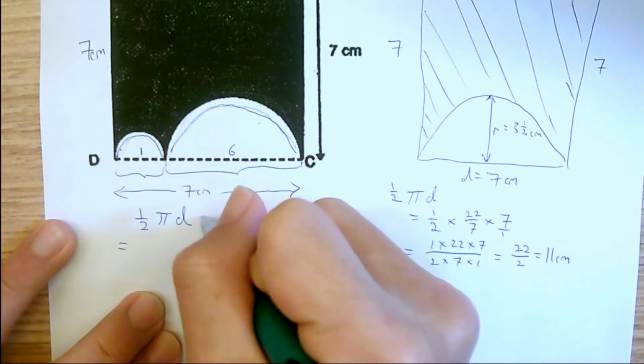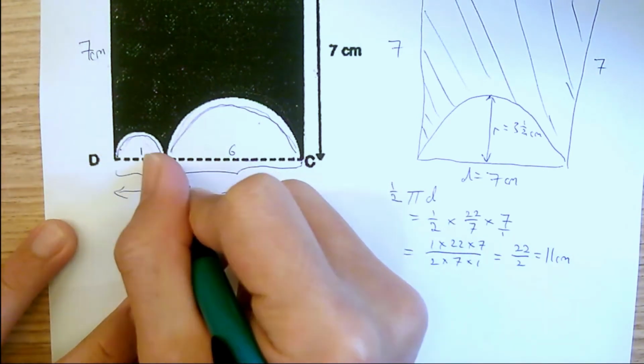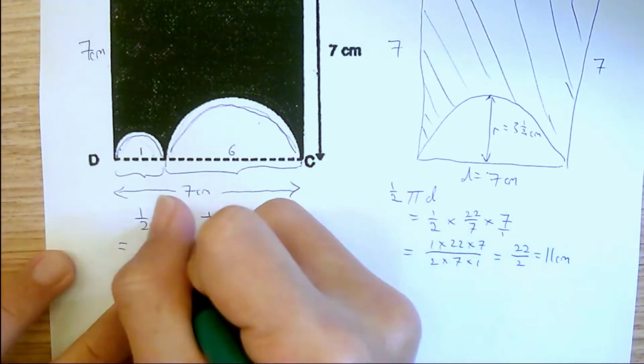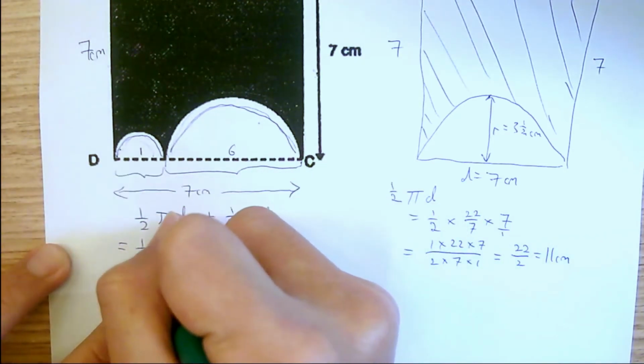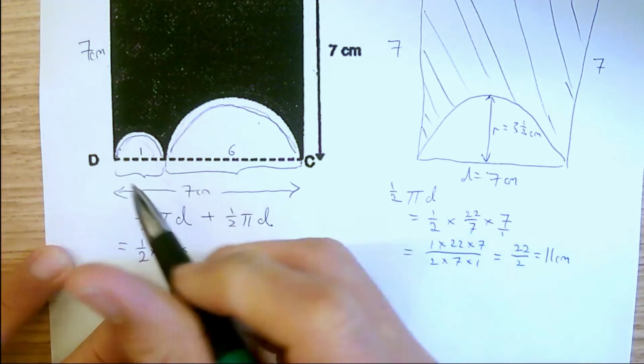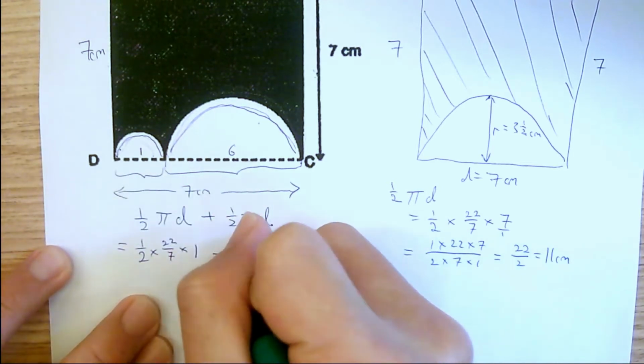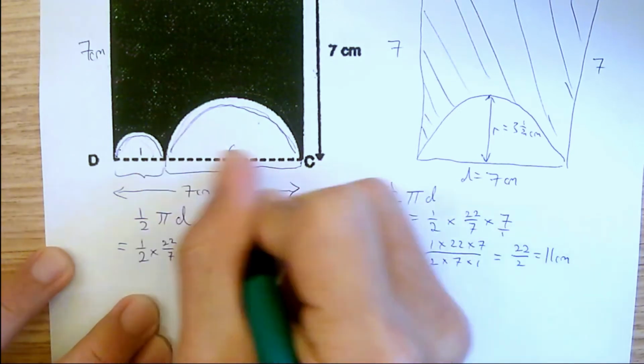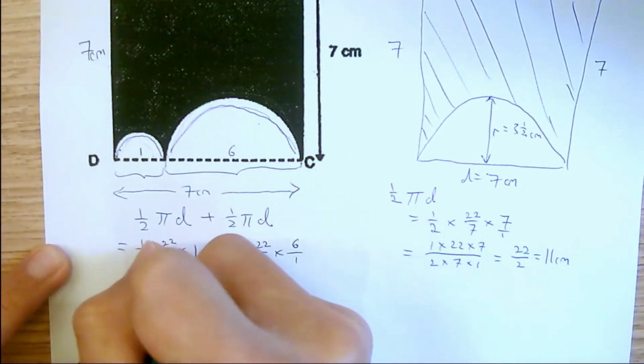Because there are two, it's half pi d plus half pi d over here. So the first one, half multiplied by 22 over 7 multiplied by the diameter being 1 cm. This one will be half multiplied by 22 over 7 and the diameter being 6 cm. So let's calculate this.